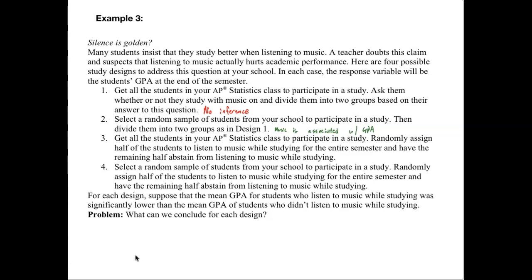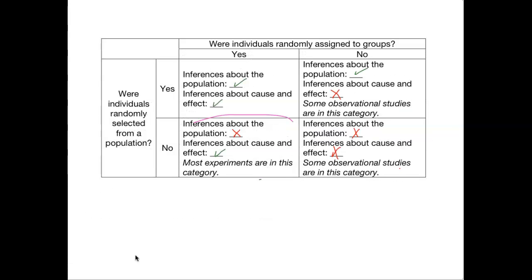All right, get all the students in your AP statistics class to participate in a study. Randomly assign half the students to listen to music while studying for the entire semester and have the remaining half abstain from listening to music while studying. So back here, right, I'm now in this quadrant. So I can determine cause and effect, but I can't really generalize this to a greater population because it's not a random sample.